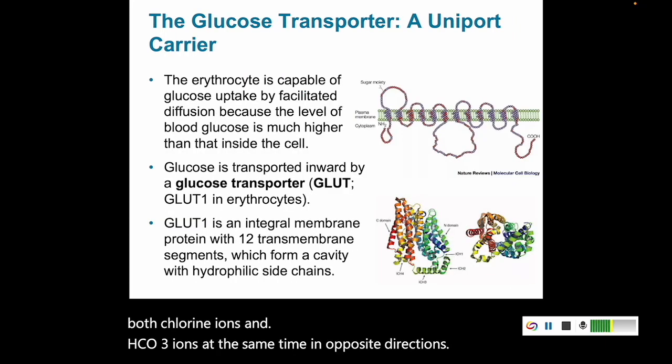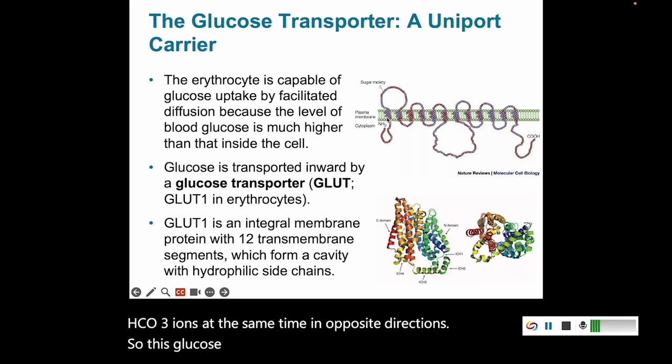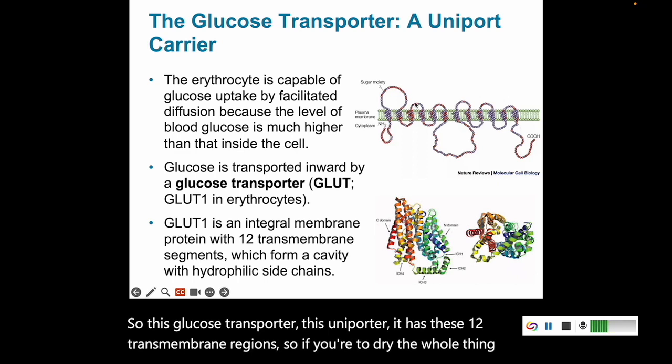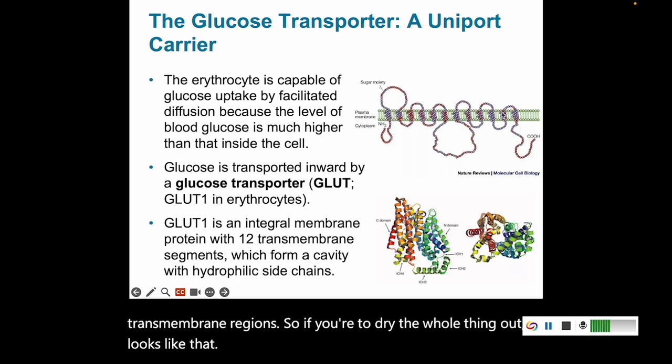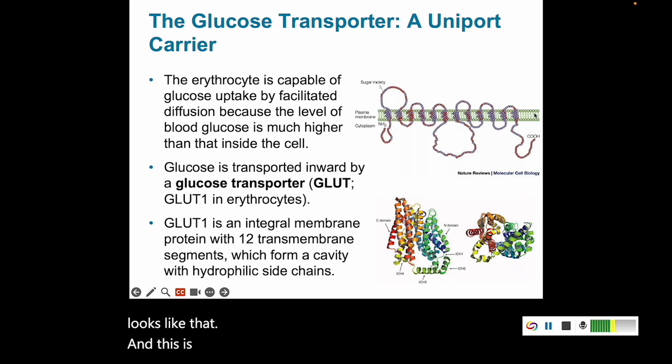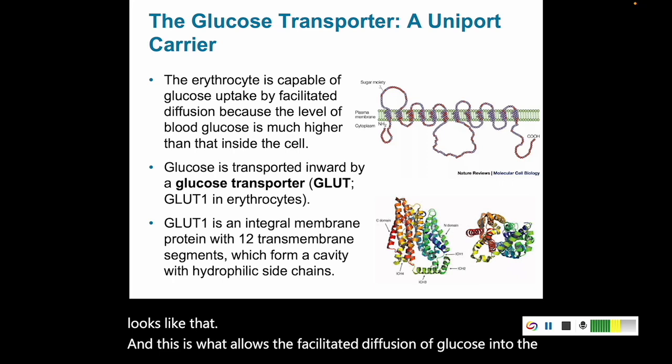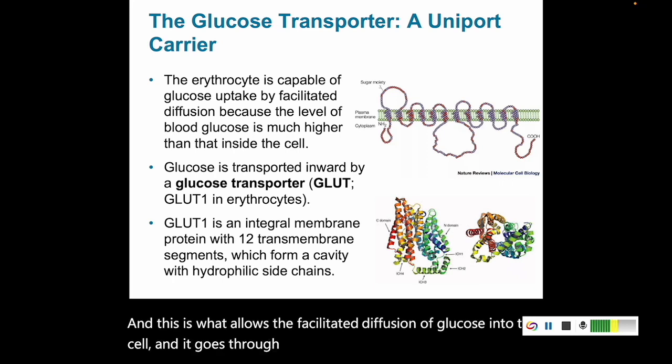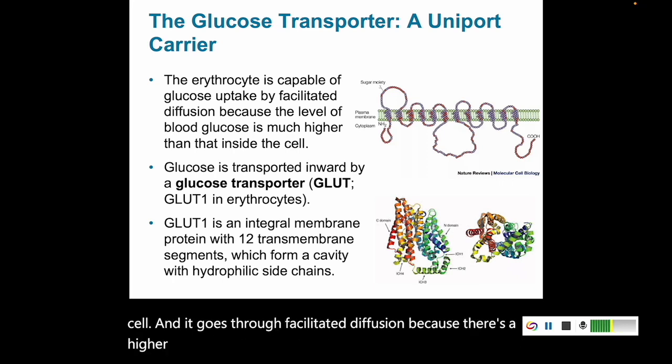So this glucose transporter, this uniporter, has these 12 transmembrane regions. If you were to draw the whole thing out, it looks like that. And this is what allows the facilitated diffusion of glucose into the cell. It goes through facilitated diffusion because there's a higher level of sugar in your blood.